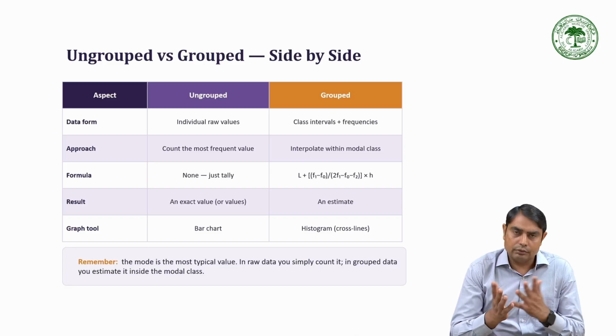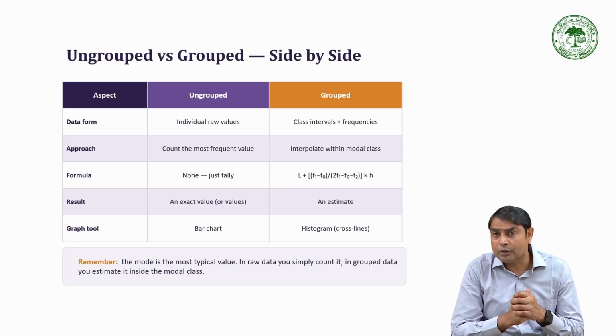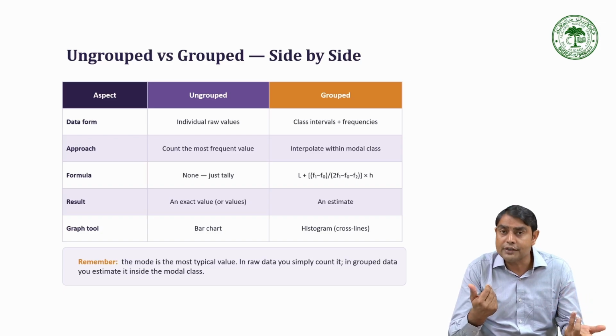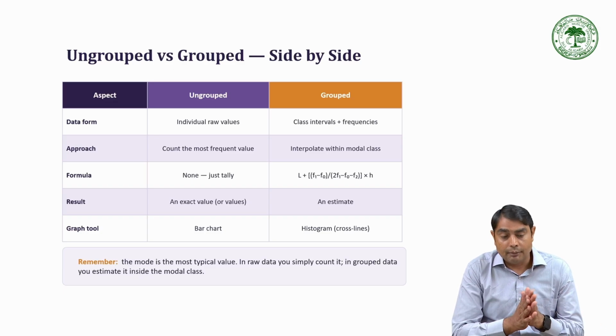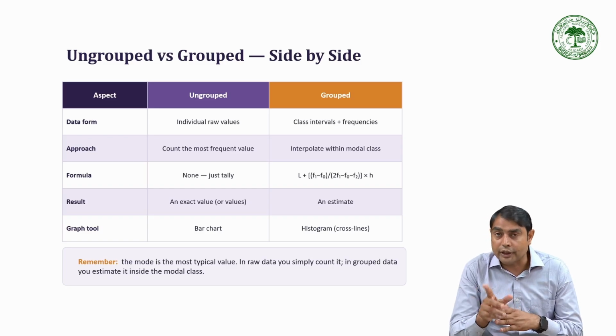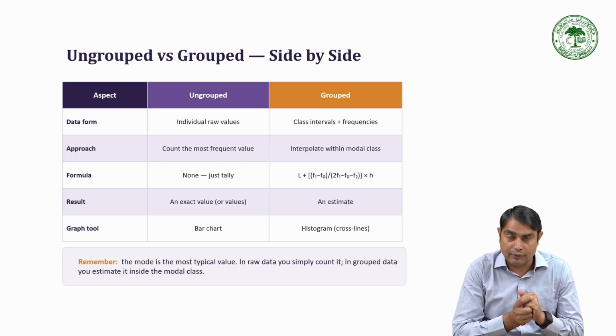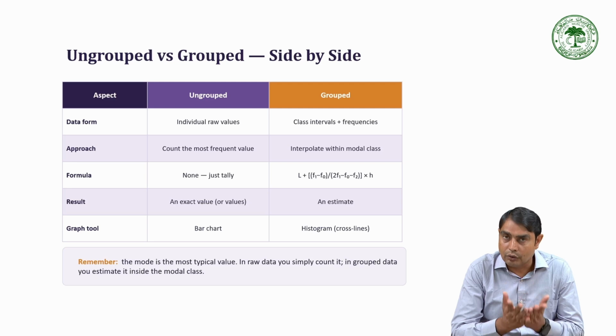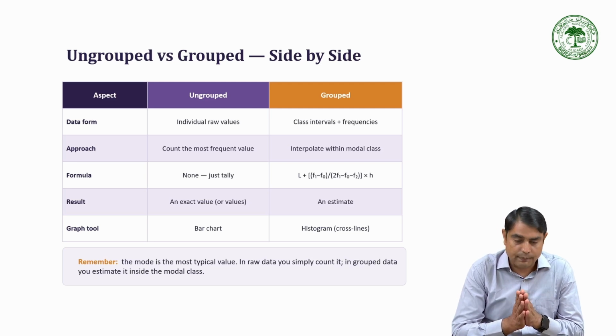Coming to the formula, there's no need of a formula in ungrouped data because you simply have to find the number with the highest repetition, and that becomes your mode. But in the case of grouped data, you have to use the formula L1 plus F1 minus F0 upon 2 F1 minus F0 minus F2 into H, which we have already tried with the questions.